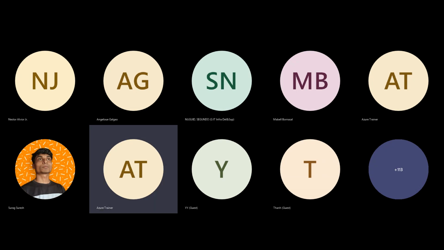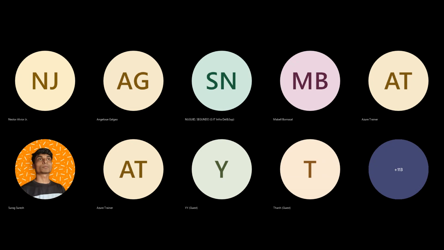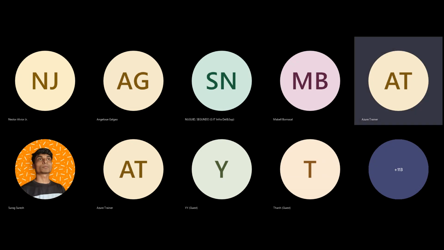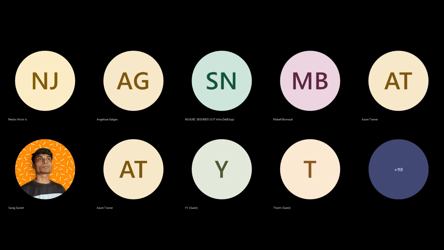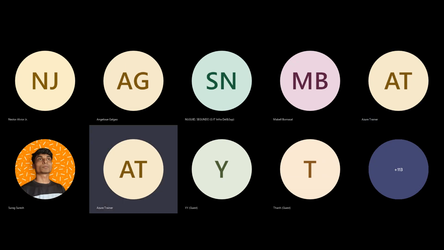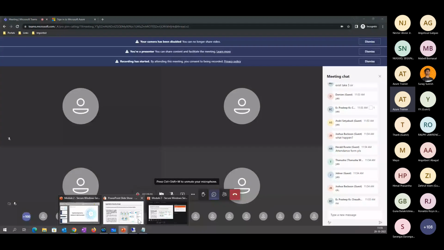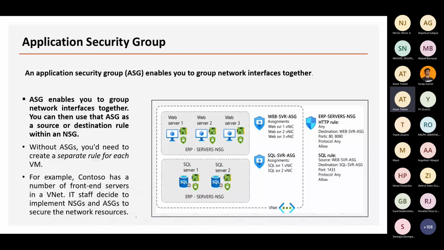Now I'm giving another scenario. It's a concept called application security group. I hope you are able to see the screen. Now, in a practical scenario, there are some situations.